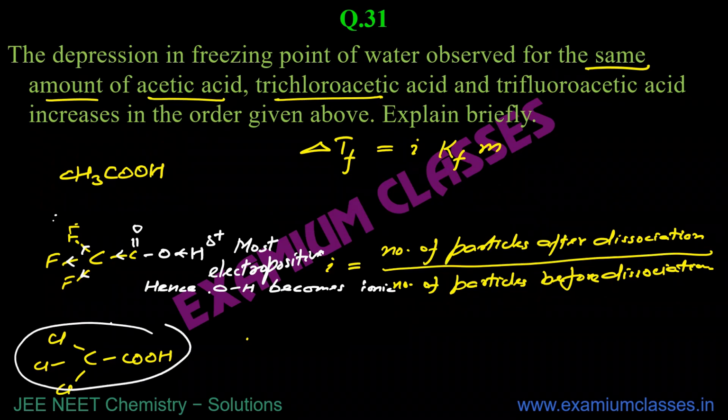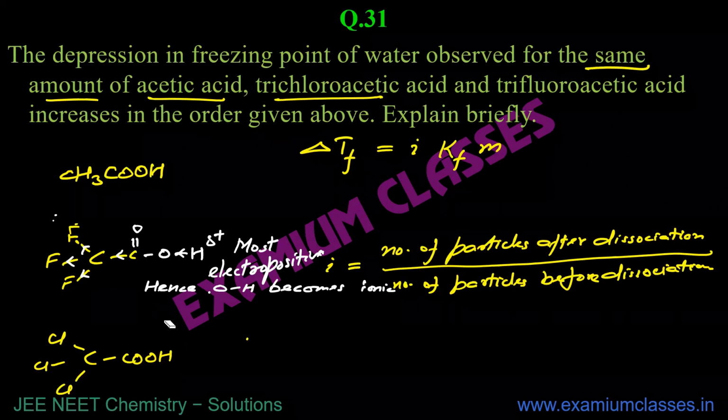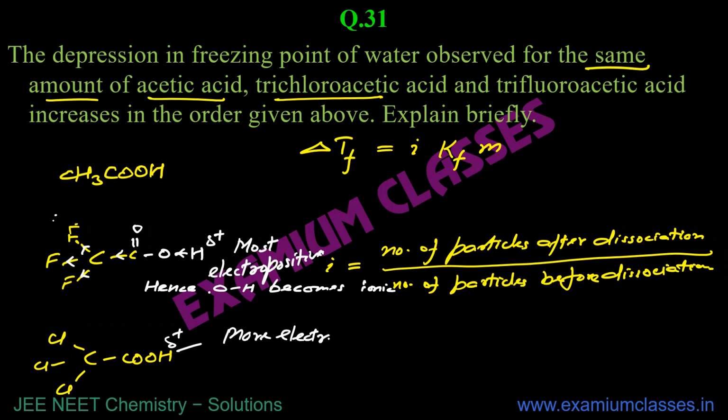In this case, a similar phenomenon will happen, but chlorine is not as strong an electron withdrawing element as fluorine. So here, yes, hydrogen will be electropositive, more electropositive. And hence there will be greater ionization, not as much as in trifluoroacetic acid, but still greater.